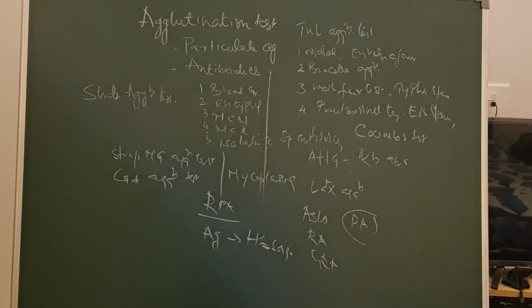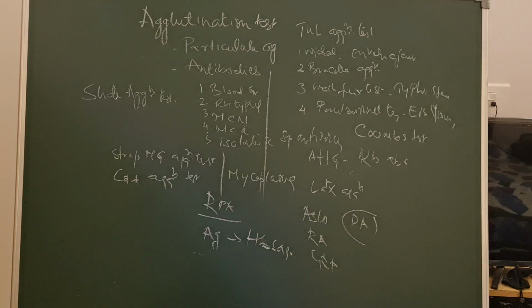We coat the antibody to detect hepatitis B surface antigen. Then two other heterophile agglutination tests which are commonly done are Streptococcus MG agglutination test and cold agglutination test, done for the diagnosis of primary atypical pneumonia caused by Mycoplasma pneumoniae.